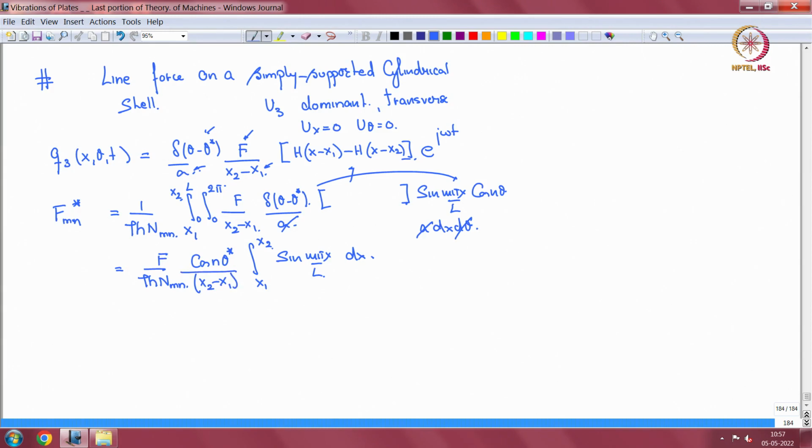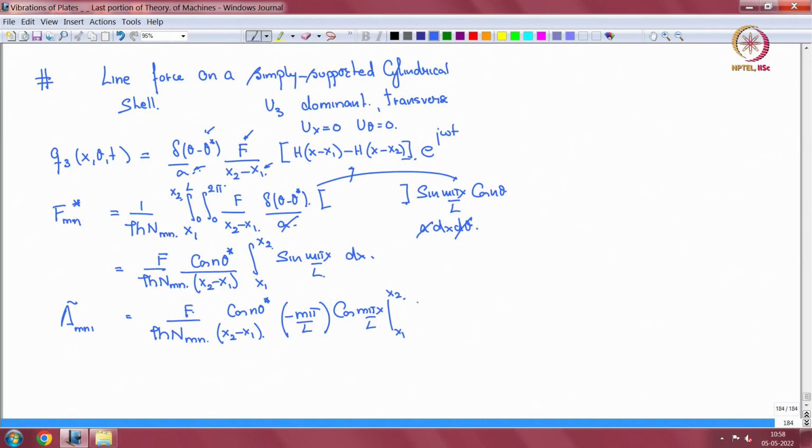Then the gamma mn 1 tilde is f by rho h n m n, x2 minus x1, cos n theta star, and minus m pi by L cos m pi x by L with limits x1 to x2.